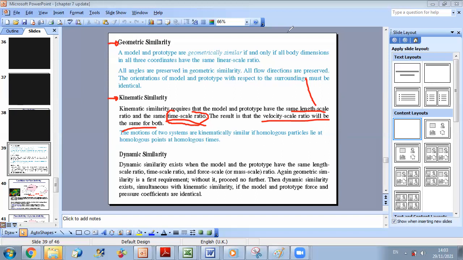So this means that I should satisfy a certain constant ratio for length scale and the same time scale ratio also, so that the velocity scale ratio is the same. Now, in numbers, this means that all dimensionless numbers are equal.